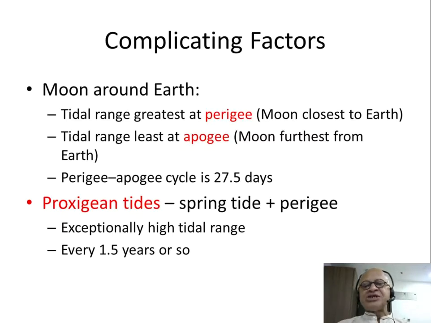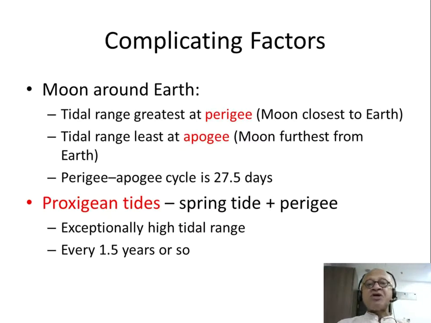So the perigee and apogee cycle is 27.5 days. This is different from the time that the moon takes to go around the Earth, at 29.5 days. This is the cycle from the perigee to apogee and back. So the perigee to apogee cycle is 27.5 days.